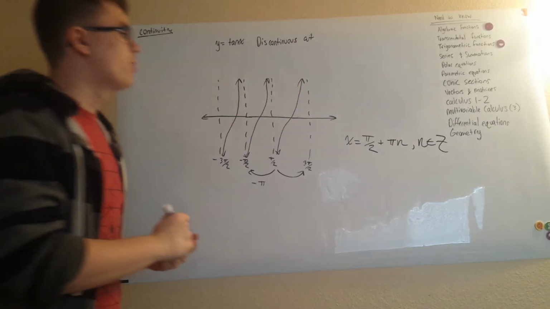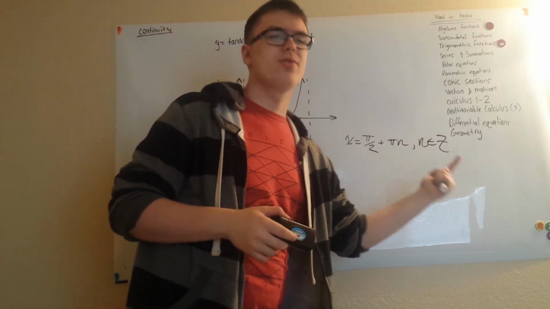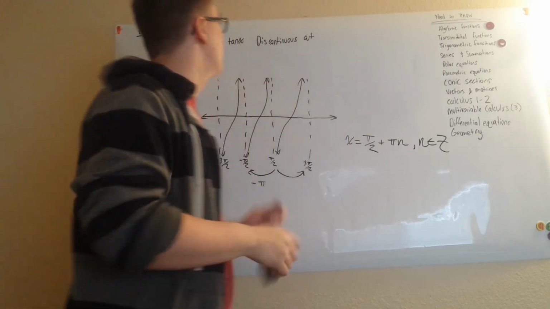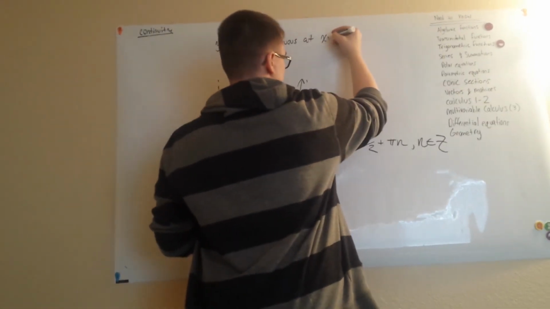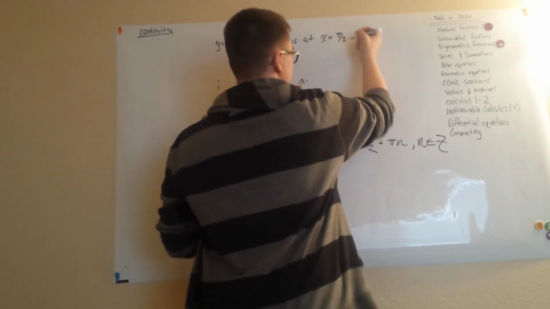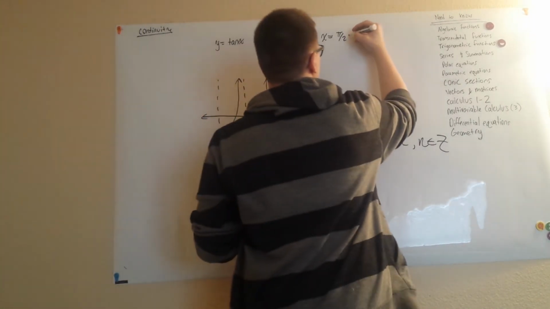By the way, this is just an equation of all the asymptotes. If we plug in any integer into n, we'll get another asymptote. It'll be discontinuous.